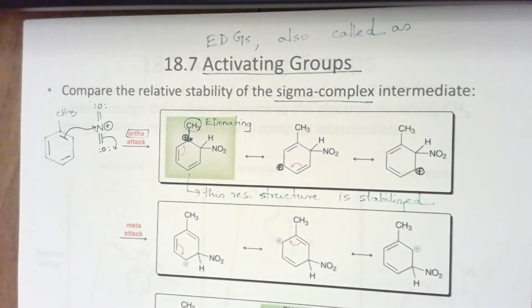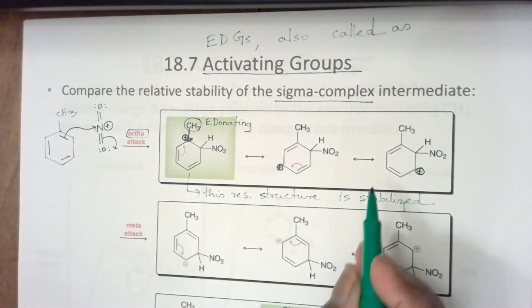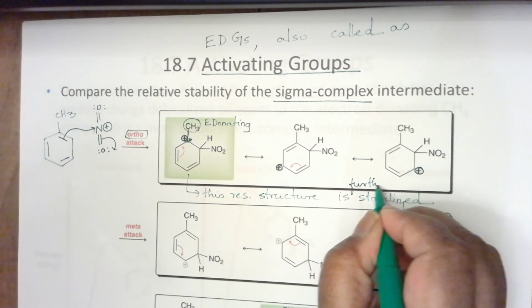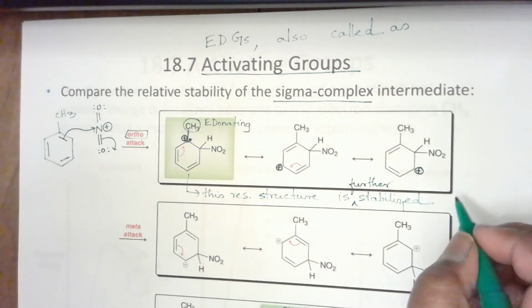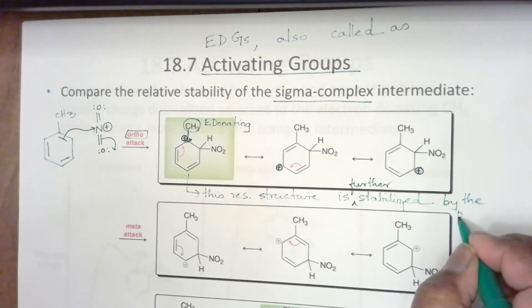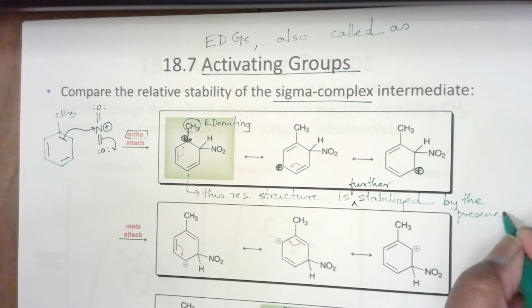Okay, by the electron donating group pumping in electrons to that carbon that has the positive charge. So it kind of tries to neutralize it, and therefore this resonance structure is, I'm going to say, further stabilized by the presence of the electron donating group.